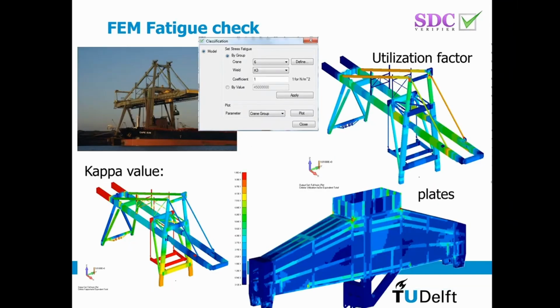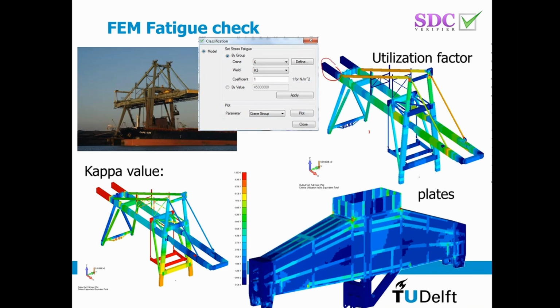Yeah. Here are some examples where you show the results based on beam results. This is the utilization factor in the upper right picture. It looks detailed, but this is basically a beam member with the shapes on.